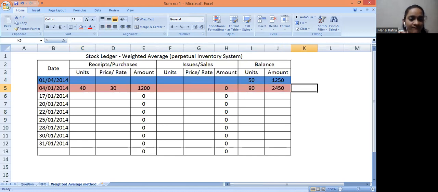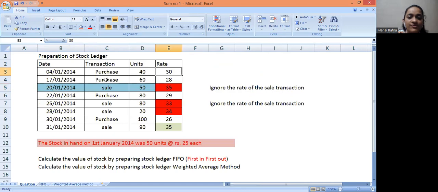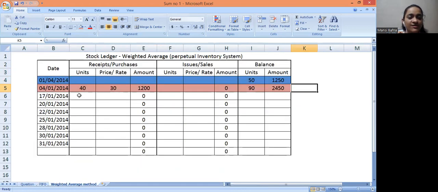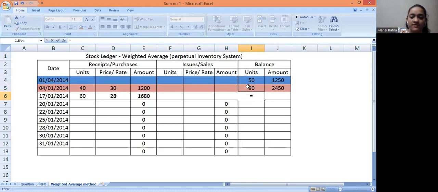Moving further, on 17 January, you are purchasing another 60 units at the rate of rupees 28 each. So on 17 January, you will record 60 units at the rate of rupees 28 each, which will give you 1680. Now for the balance, you will be adding 90 plus 60, so you will get a total of 150 units, and the amount also will be added.